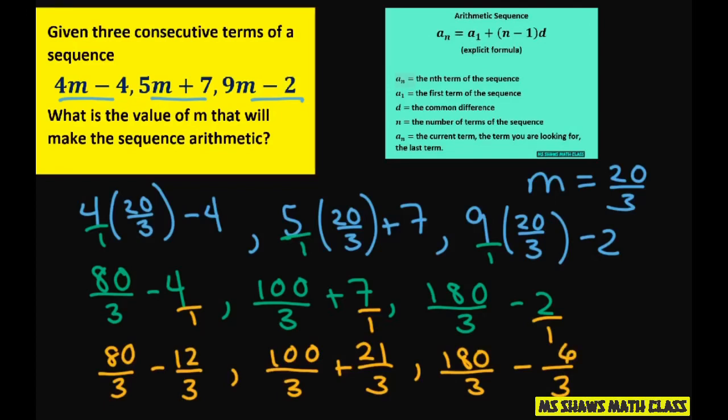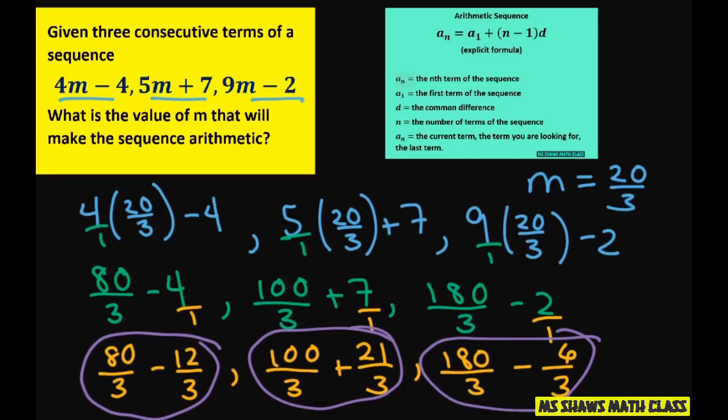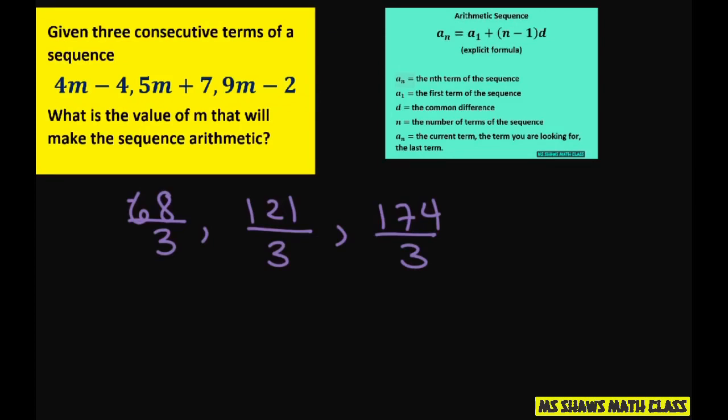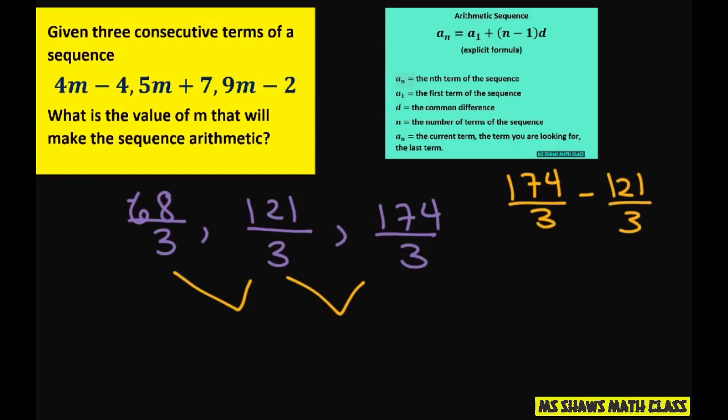When I simplify those, we get 68 divided by 3, 121 divided by 3, and 174 divided by 3. You might want to write those down. Our goal here is to make sure they have the common difference. If you subtract 174 divided by 3 minus 121 divided by 3, I get 53 divided by 3.